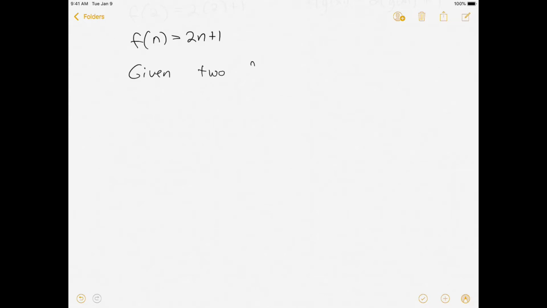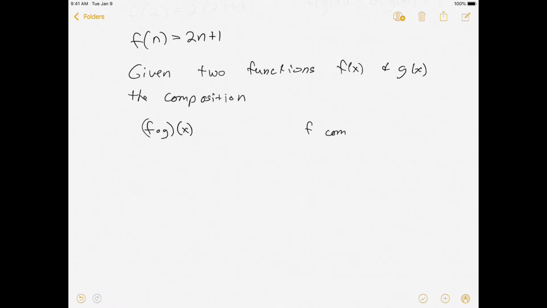Given two functions, f of x and g of x, the composition is f, and this is read f composed of g. Now the definition is f of g of x, sorry. The definition is to plug the second function into the first function. That's all there is to it.